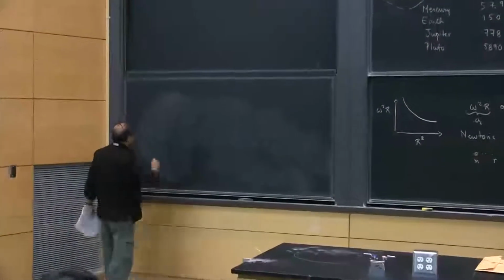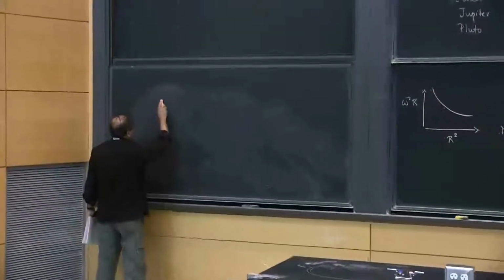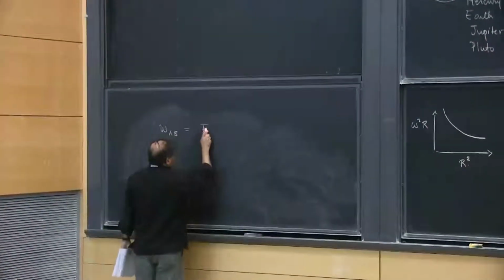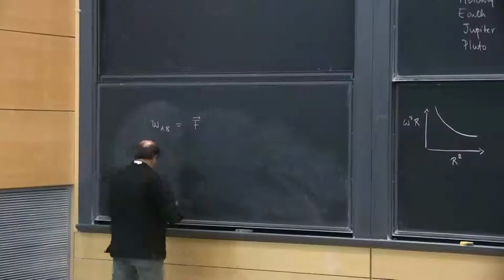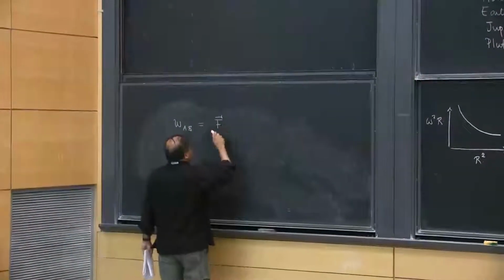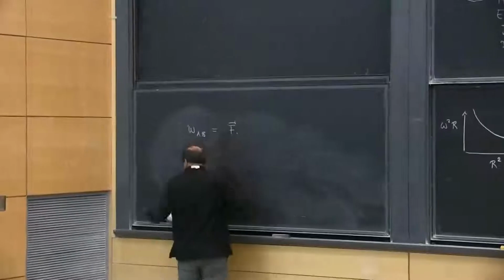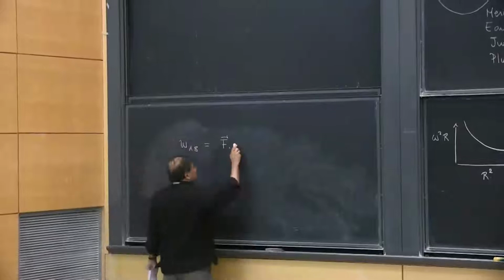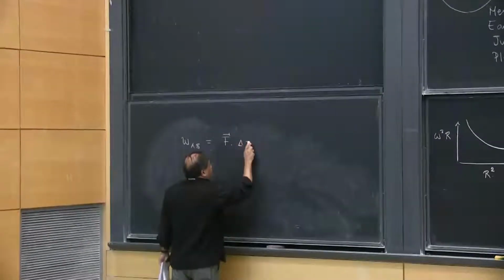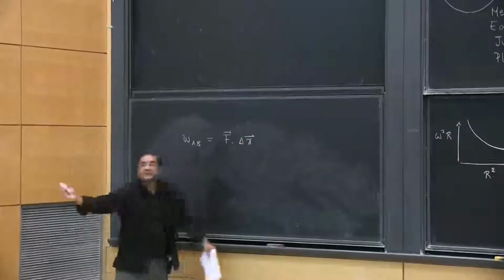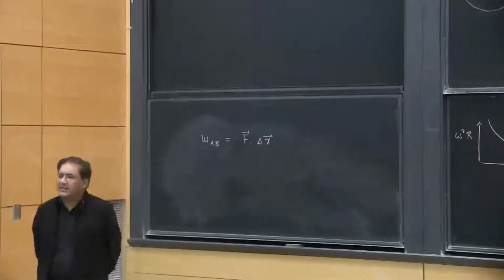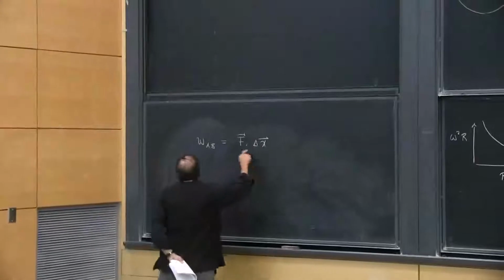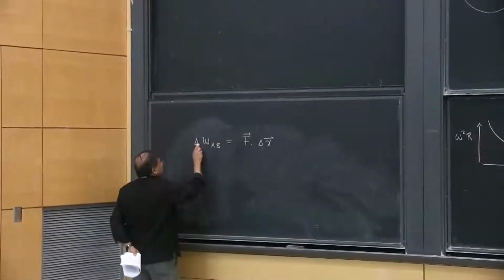I've already told you that work done in going from A to B is some kind of a force times some kind of a distance. Let me simplify instead of writing A to B. Let me say the distance involved here is a small displacement, so I call it delta x instead of x, and I can call this delta W_AB.